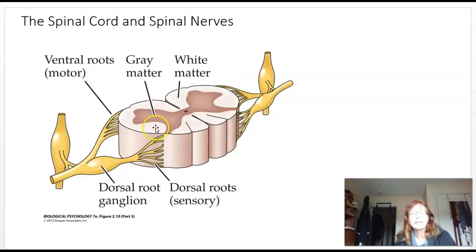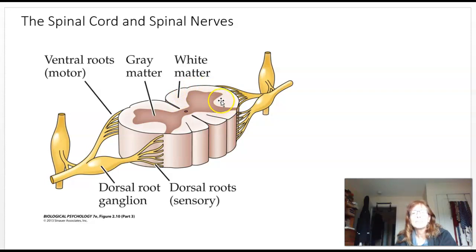We can also look at that in a little bit more detail when we look at the segments themselves. Here is a segment of the spinal cord. This little butterfly pattern, where we see the dark, is where we have gray matter. Remember that gray matter is the cell bodies of neurons and other supporting things within the nervous system, and the white matter represents axon tracts.